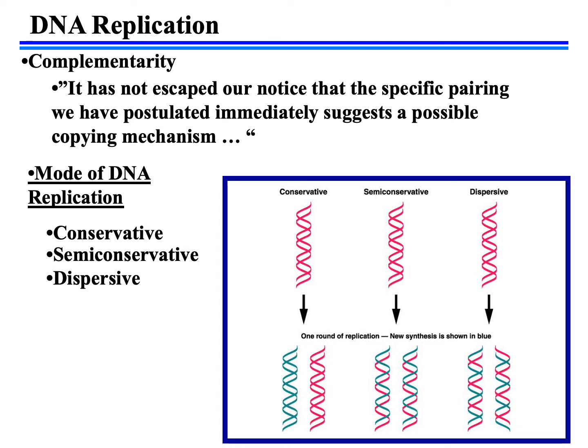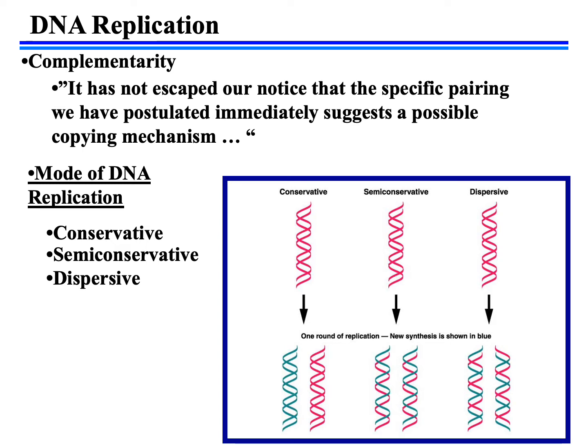What they proposed in this paper was that because of the sequence complementarity, if you could simply pull the two strands apart from one another, and you know the sequence of one strand, you can immediately deduce what the sequence of the second strand is.